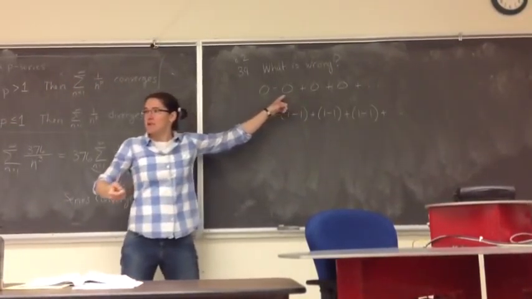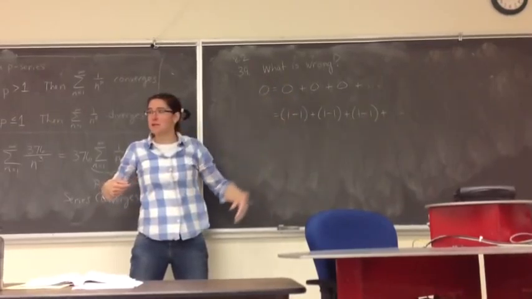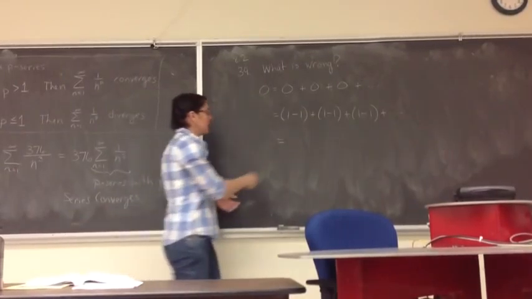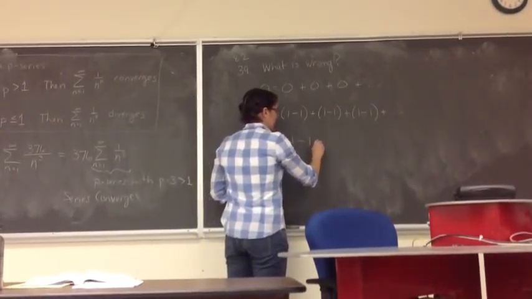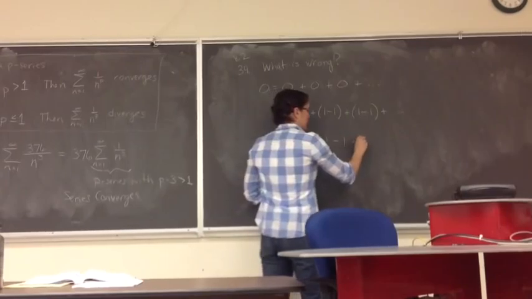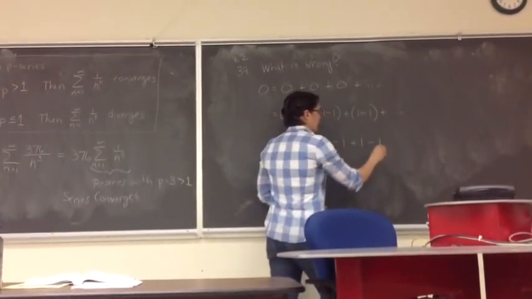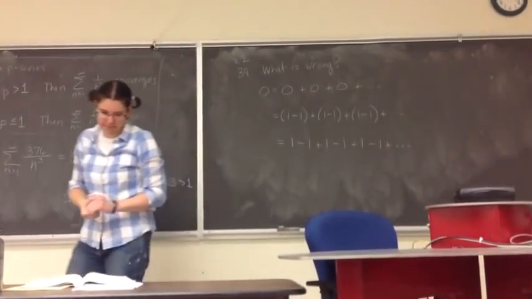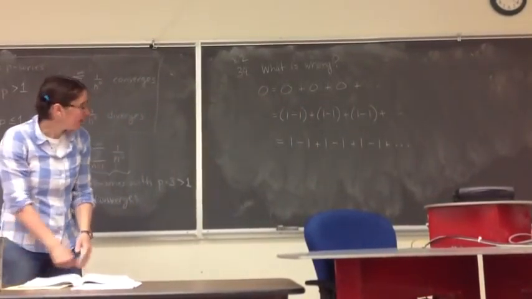And so, totally legit, right? I mean, 0 is equal to 1 minus 1, so we can do that substitution. And so now we've got something that looks like 1 minus 1 plus 1 minus 1 plus 1 minus 1 plus dot, dot, dot. All right, great.